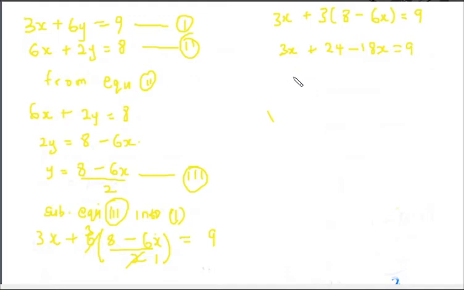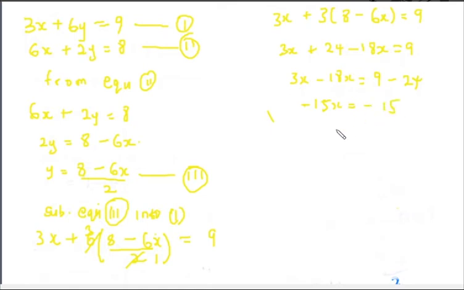Then I have 3x minus 18x, collecting like terms now, and moving negative 24 to the other side, I'd have 9 minus 24. So 3x minus 18x is negative 15x, equals 9 minus 24, which is negative 15.